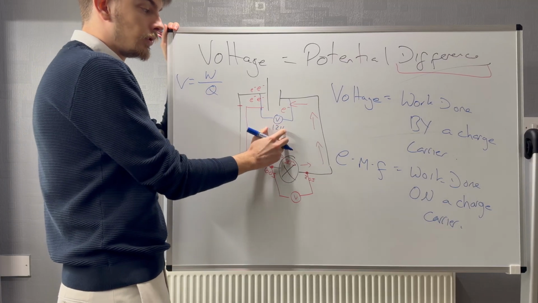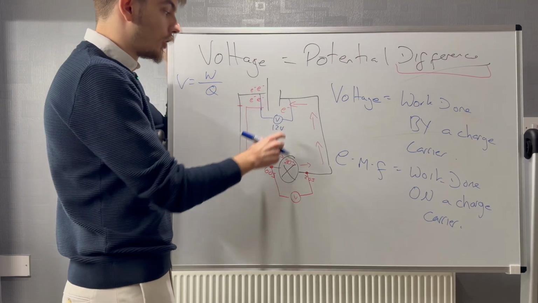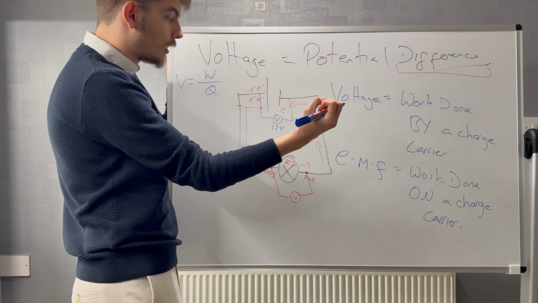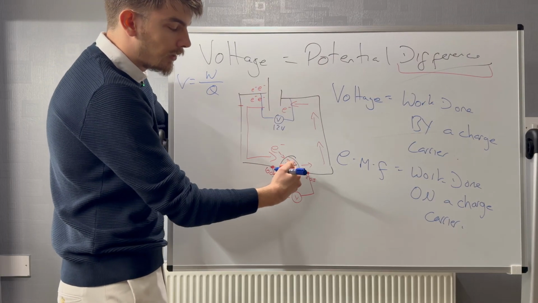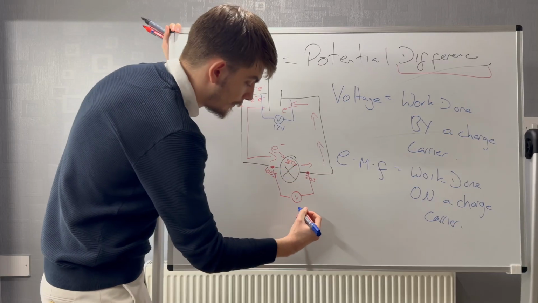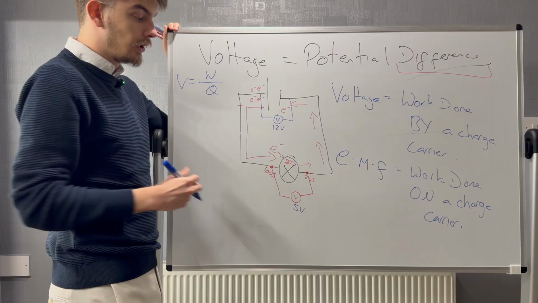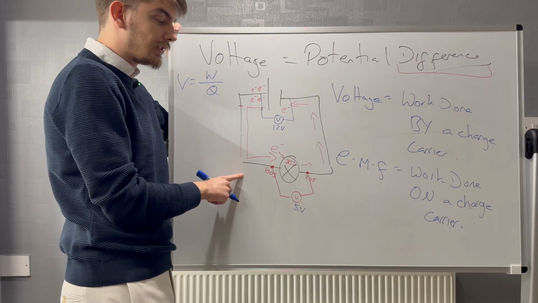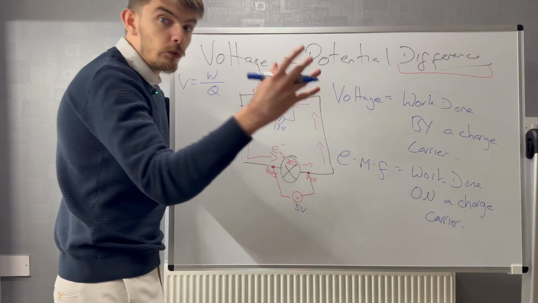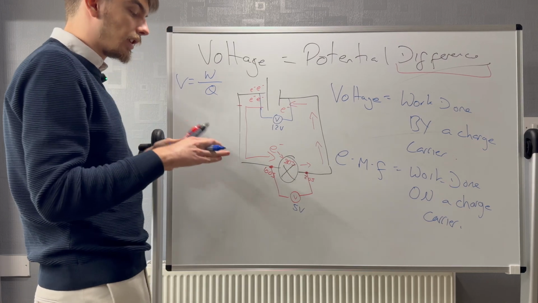That is my EMF. Work done on the charge carrier. They're given that work done, they carry it all the way around, carry it into the lamp, and this lamp has 5 volts, requires 5 volts. So, each of my charge carriers is doing 5 volts of work. That's how we can kind of think about it.